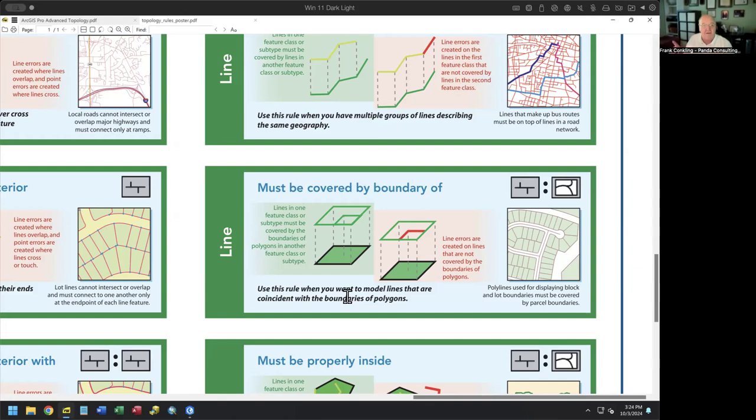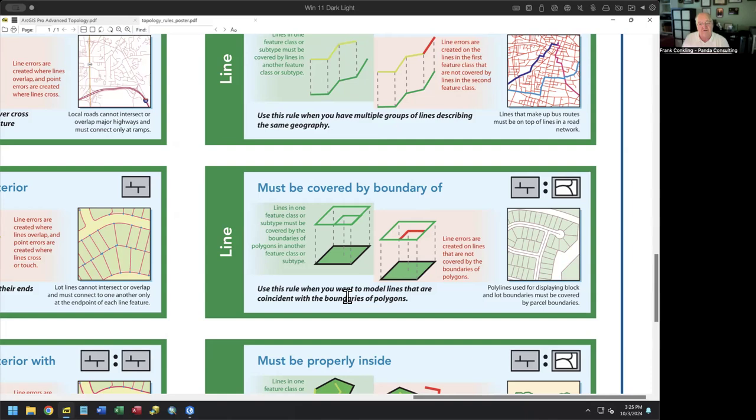Now, inside the parcel fabric, just to give you some insights if you're interested, we have a type of line called a connection line that does not participate in this topology, so that we can have freestanding lines that are not part of a boundary. That's inside the data model for the parcel fabric.